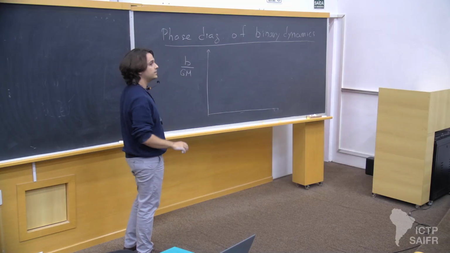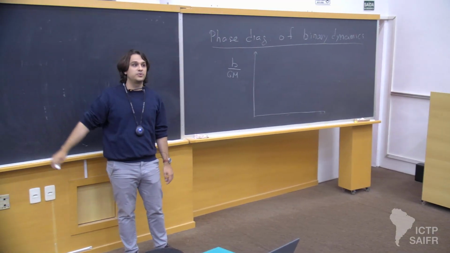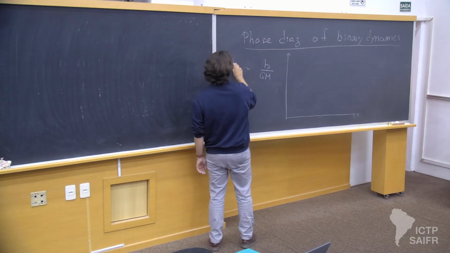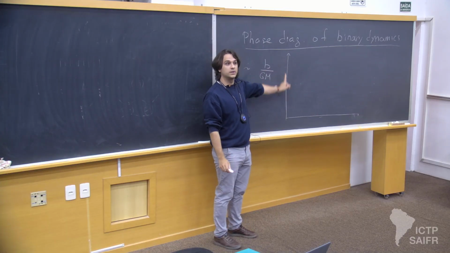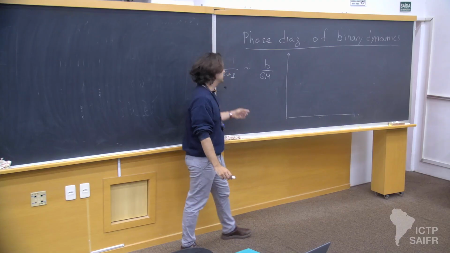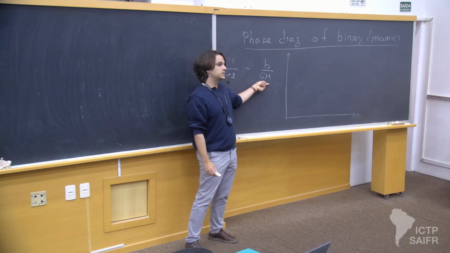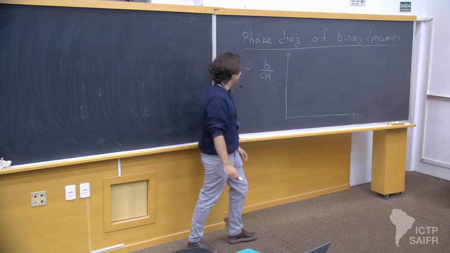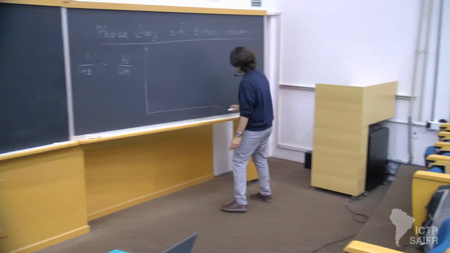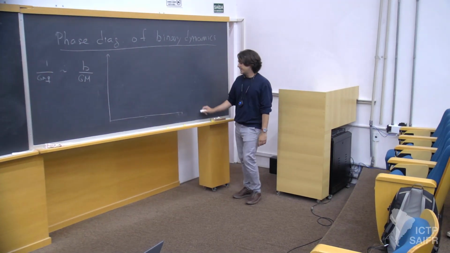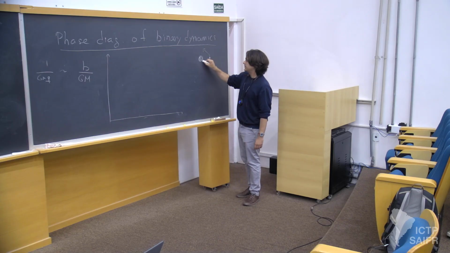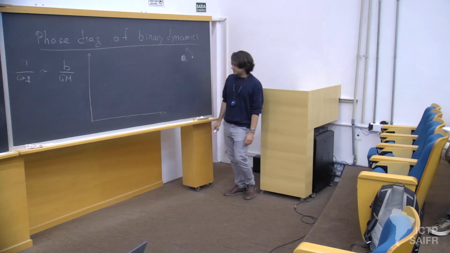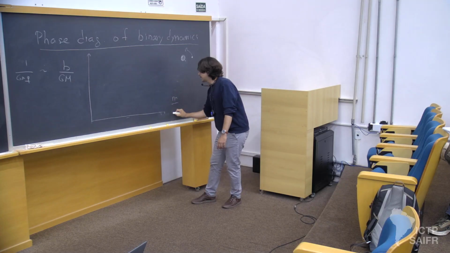B over GM was just the inverse of one of our perturbative parameters, right? So this is 1 over GMQ. So more classical, weak field is going up, okay? Because this parameter is very small, so this is large in the weak field. And then I'm going to focus also on the mass ratio. So I'm going to have one particle be very heavy, and the other one small. Okay, they both move. But here I'm going to have M over M.